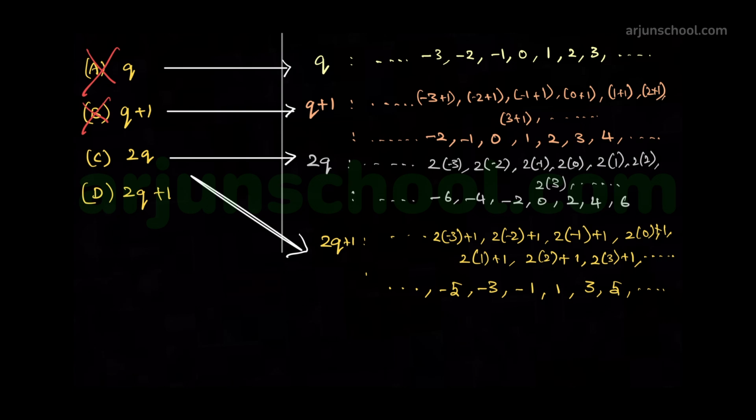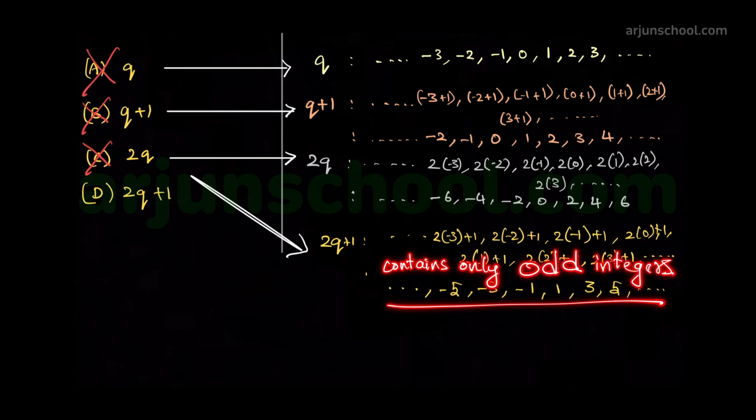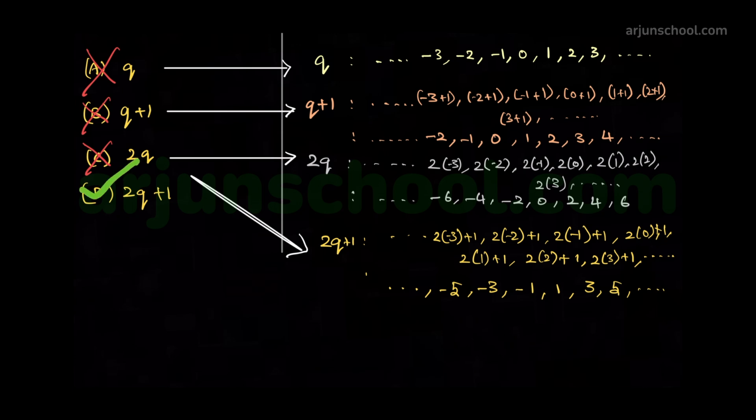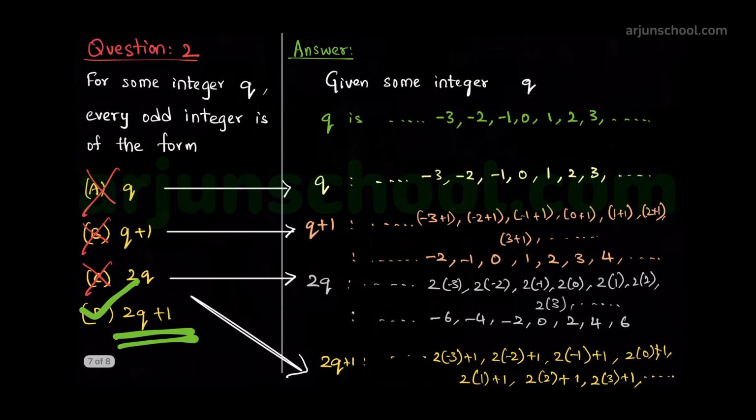This is also not a correct answer. Then the fourth option 2q plus 1 contains only odd integers. Therefore fourth option is the correct answer. For some integer q, every odd integer is of the form 2q plus 1.